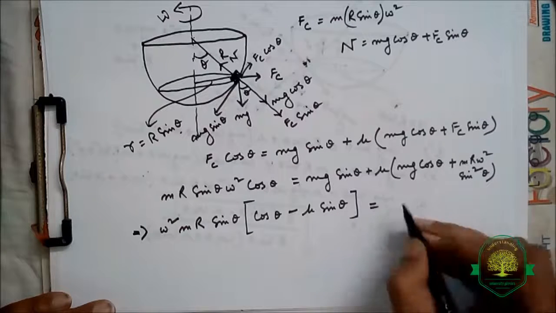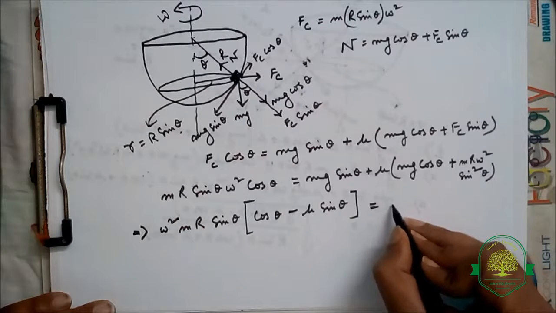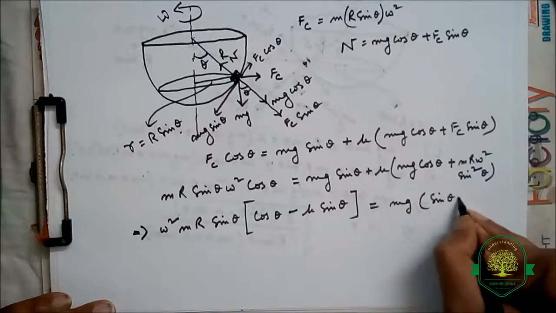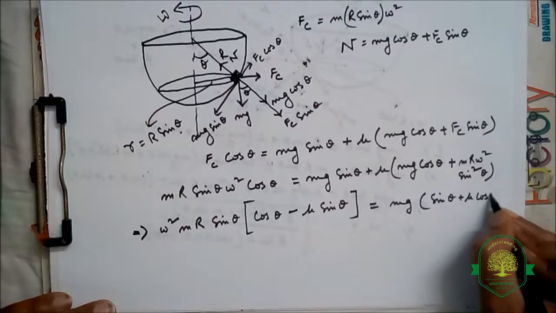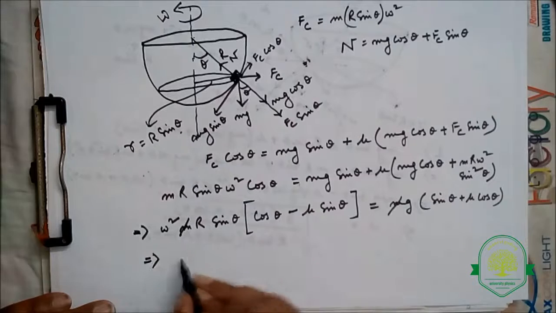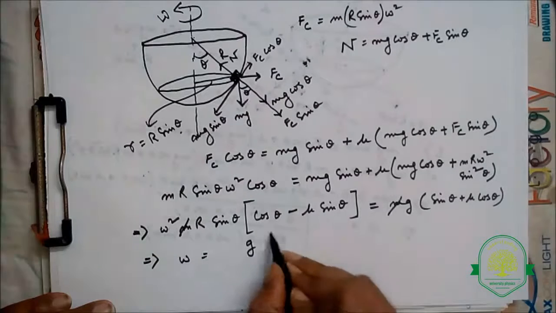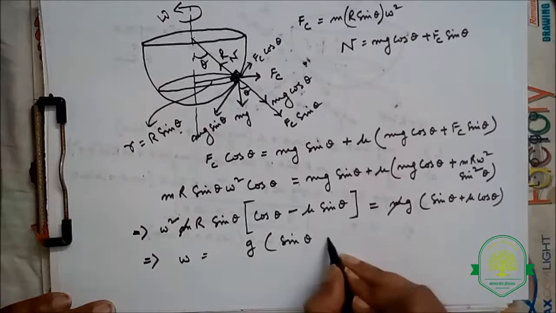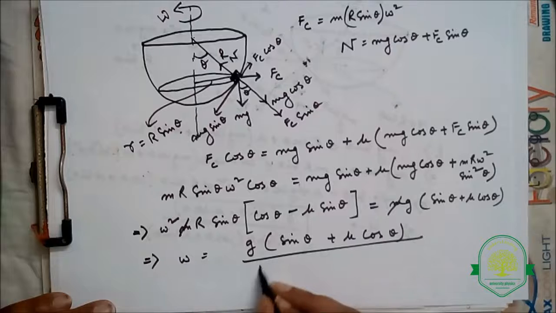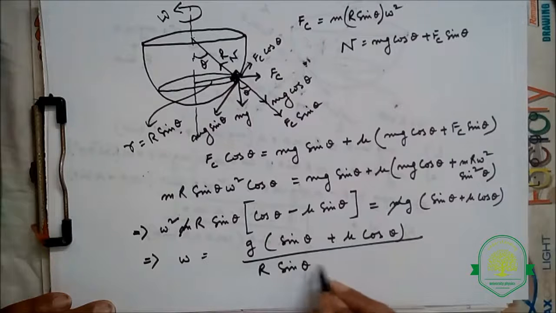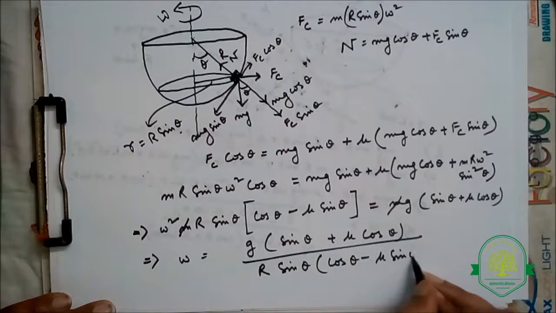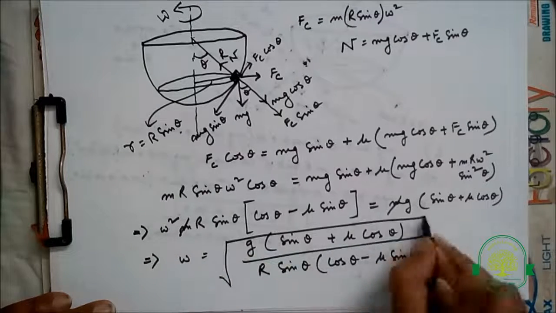And what we are left with on this side is we get the mg common, we get sine theta plus mu cos theta. The m's will cancel out and omega will be the root of g times sine theta plus mu cos theta, divided by r sine theta times cos theta minus mu sine theta.